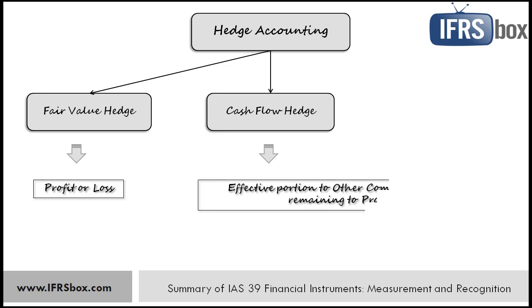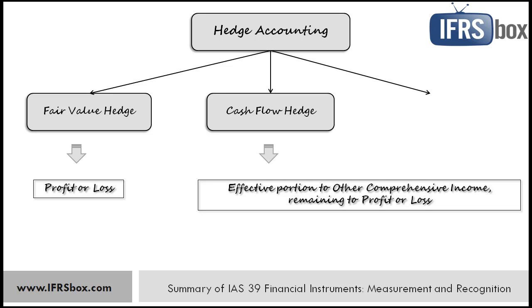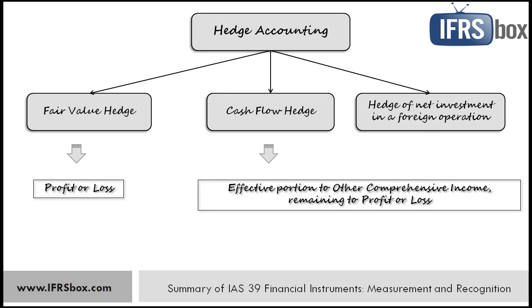Then the effective portion of the gain or loss on the hedging instrument shall be recognized in other comprehensive income, and the ineffective portion shall be recognized in profit or loss. The third type of hedges is a hedge of a net investment in a foreign operation, and it is accounted for in a similar way as a cash flow hedge.